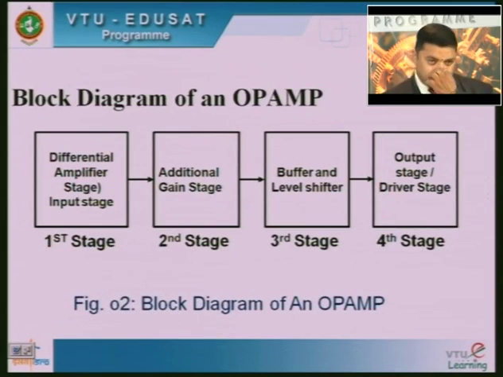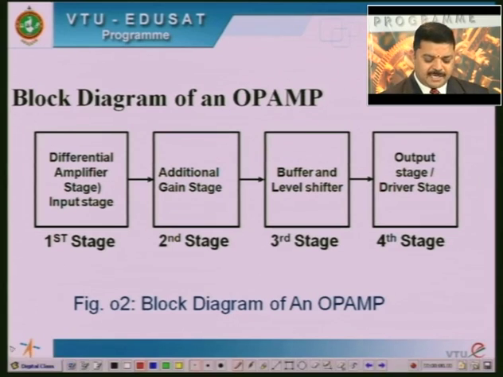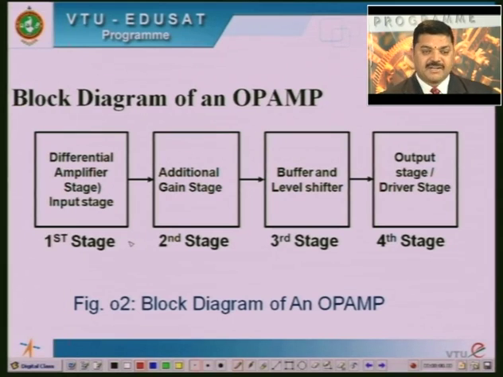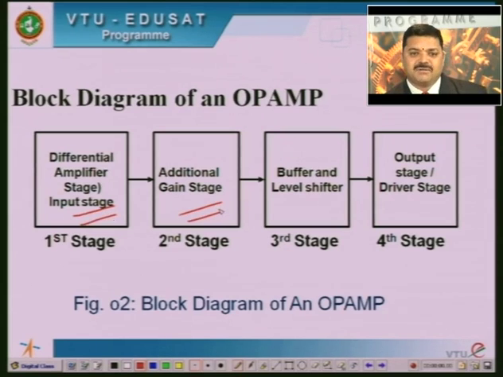Now let us move on to the block diagram of an op-amp. As I told you in the definition itself, an operational amplifier is a direct coupled multi-stage differential amplifier. There are two differential amplifiers here, and the additional gain stage is also a differential amplifier.